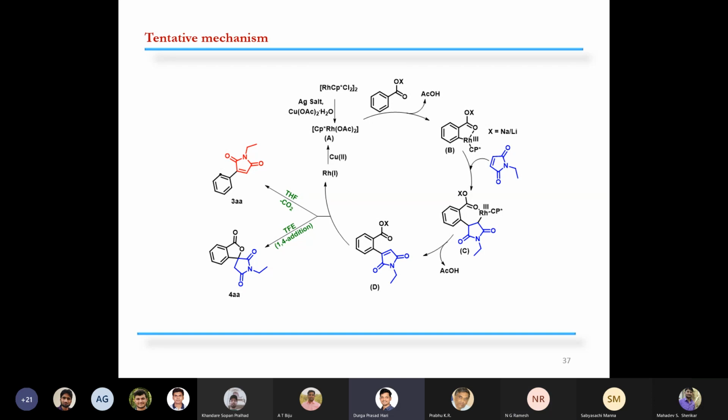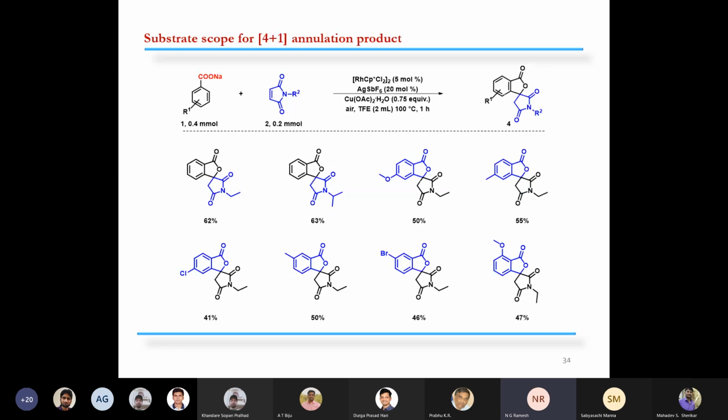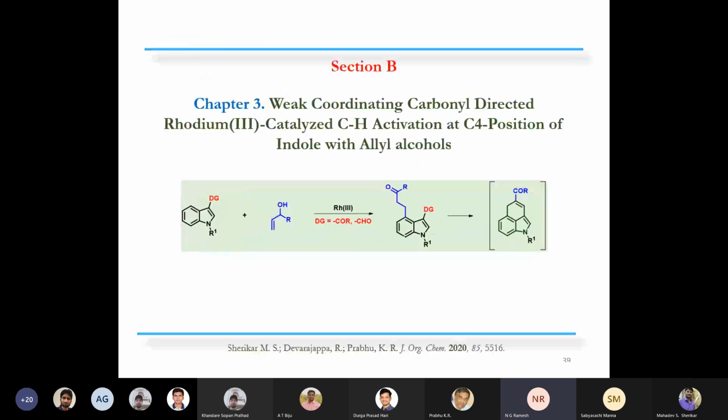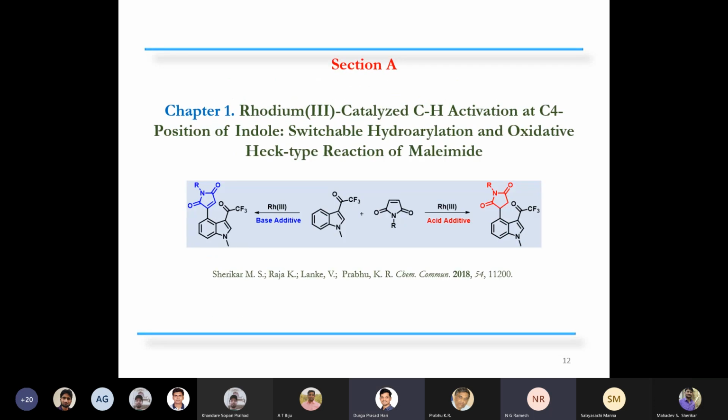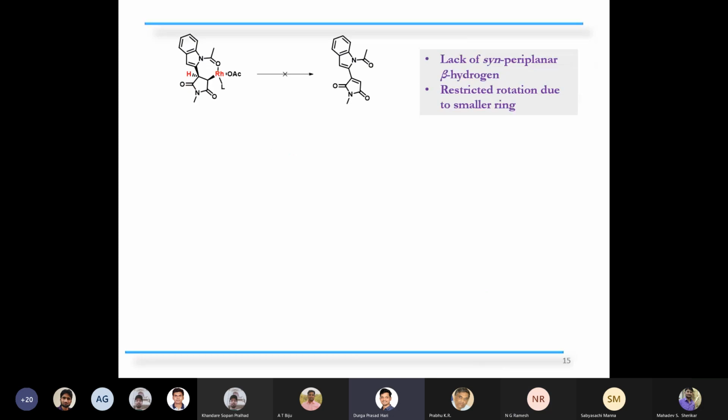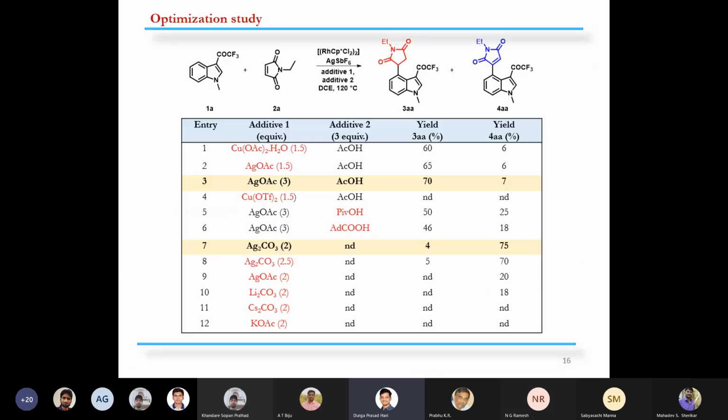Have you ever tried these directing groups on indole to see which position you will functionalize? Yes, sir. Most of the time you have either aldehyde or ketone, but I don't see carboxylic acid.